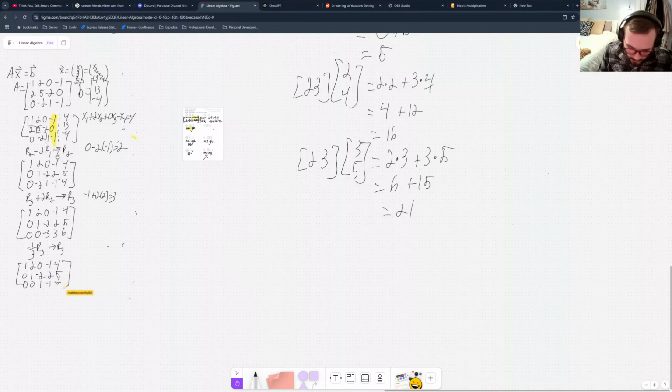So when we have it in this form, where it's got the staircase and it's got a 1 in each column, the same column as the row, we call these columns pivots. So this is a pivot. This is a pivot, because it's got the 1.